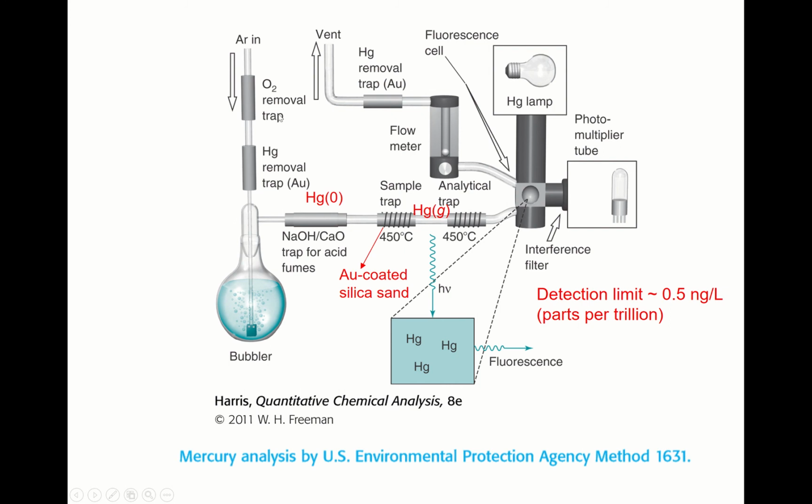Okay? You have to remove oxygen first, and then maybe argon may contain mercury in trace amounts, although very small. But anyway, mercury should be removed by a trap. Okay, usually a gold trap is used to remove mercury.